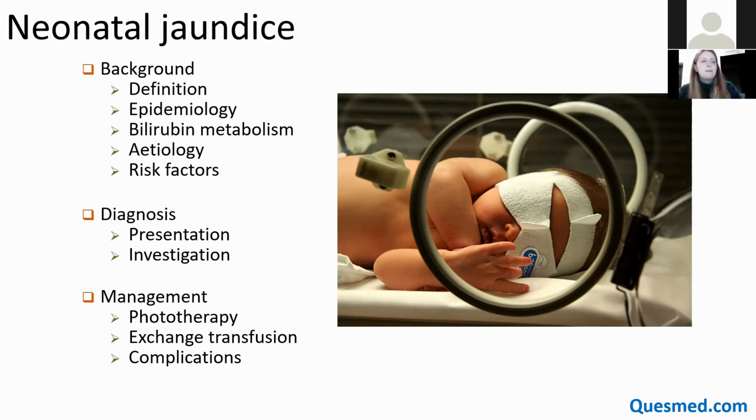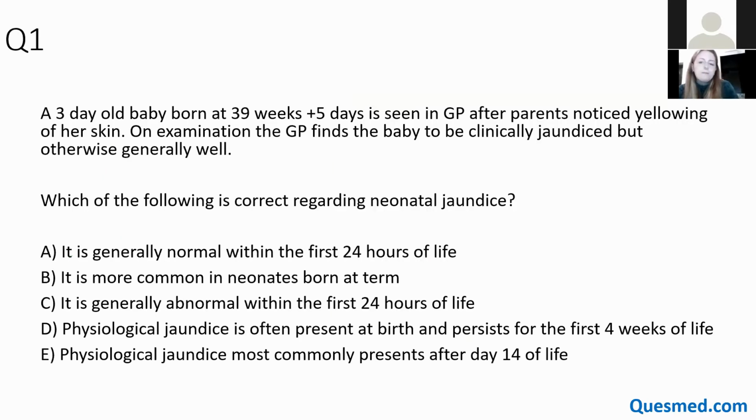Then moving on to slightly more clinical things, talking about the presentation of jaundice, how to investigate and evaluate a baby that presents with jaundice. And then finally moving on to talk about management, covering the key topics like phototherapy, exchange transfusion, and then finishing off talking about key complications of jaundice to be aware of. But we'll start off with a question.